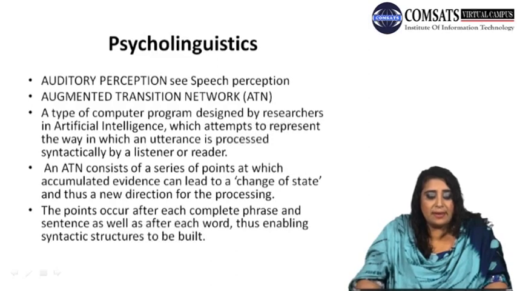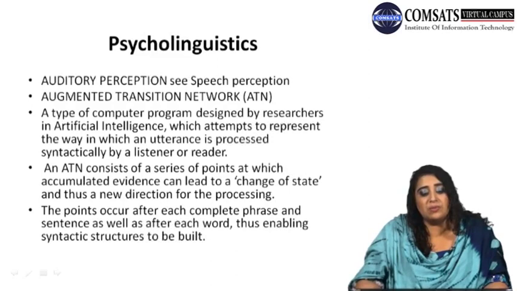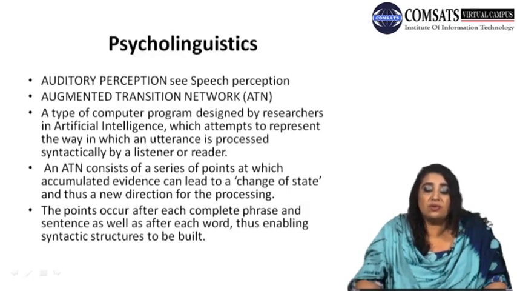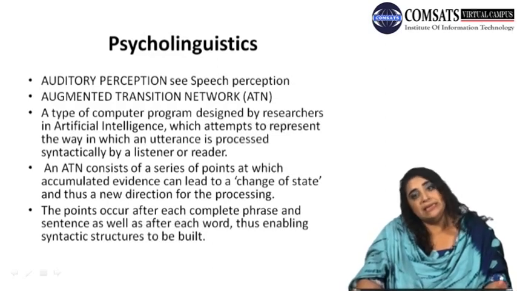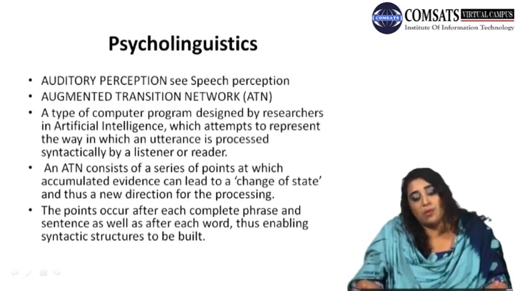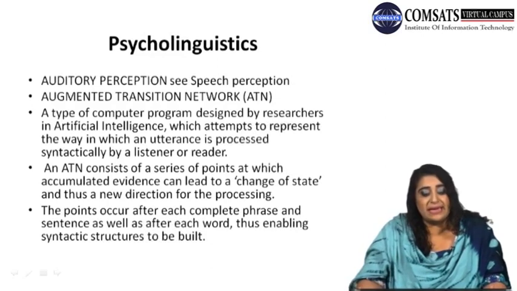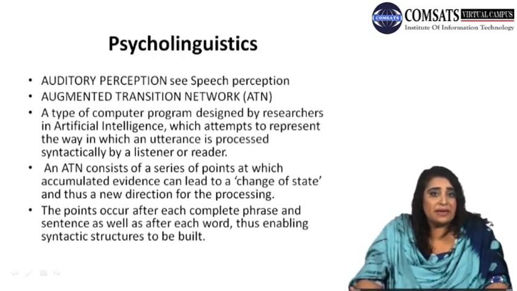Now an ATN consists of a series of points at which accumulated evidence can lead to a change of state and thus a new direction for the processing. So it consists of a series of points where we accumulate evidence, which can point towards a change of state and thus a new direction for the processing of a language.